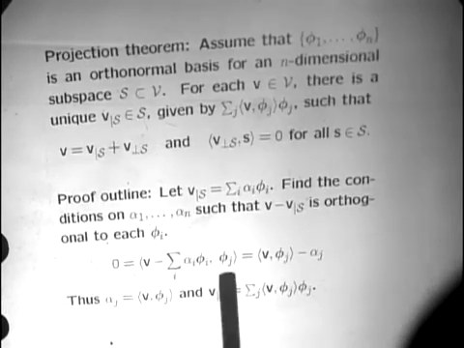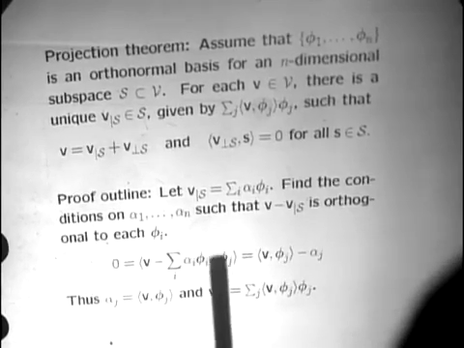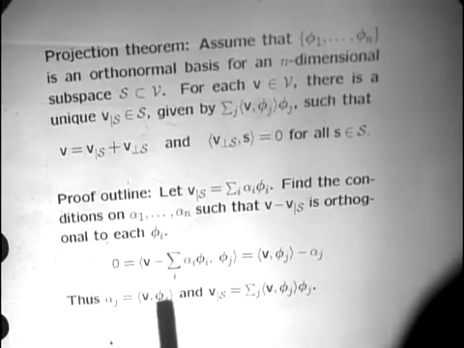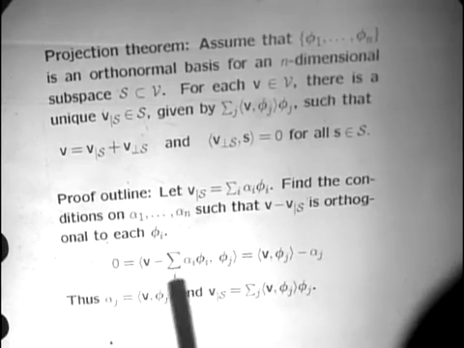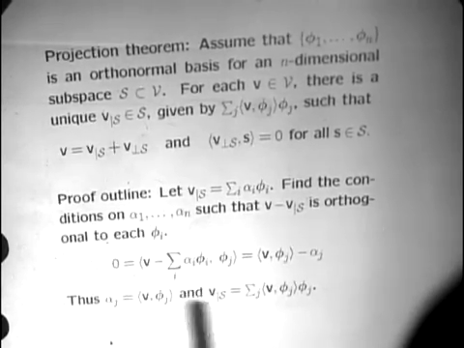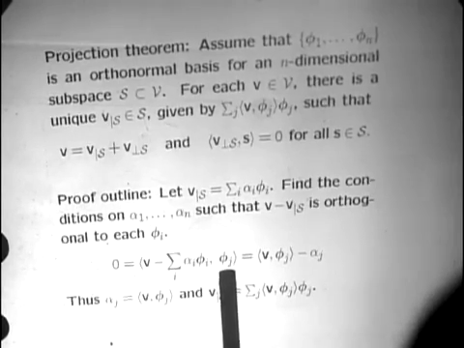I have this difference here, so the inner product is the inner product of V with phi sub j minus the inner product of the projection with phi sub j.